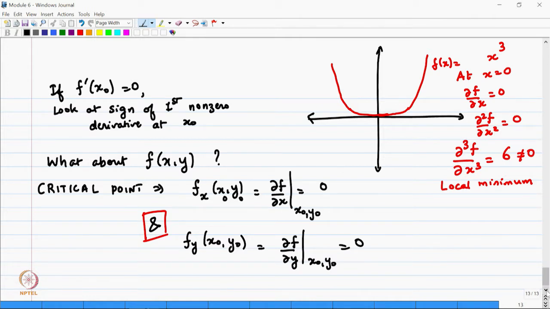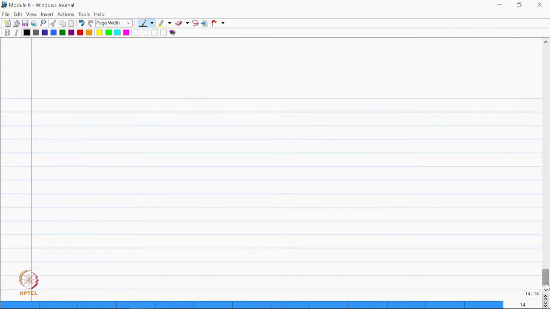Now, you can ask the same question, when is it a maximum, when is it a minimum? So, in order to identify a maximum or minimum of a function of many variables, what you do is you define f x x, f y y minus f x y square.